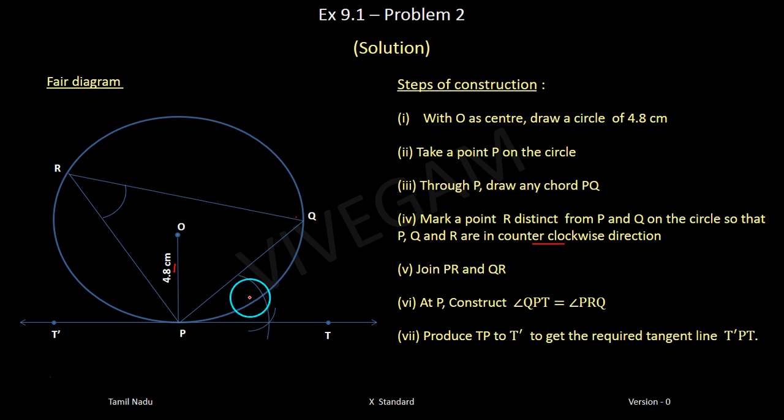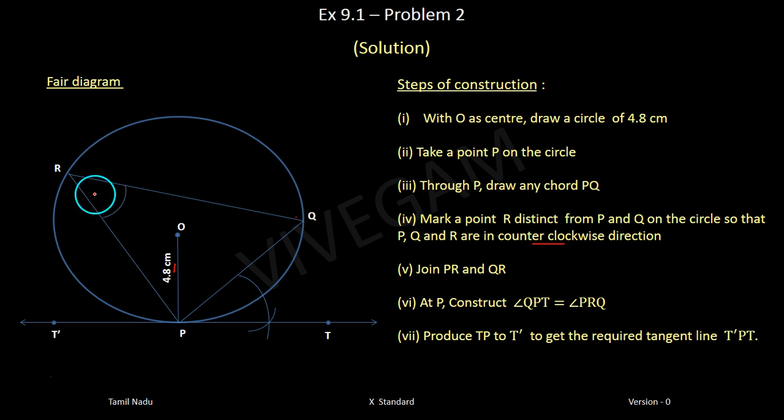If you mark it here, it will be clockwise. So mark it here so that PQR is in the counterclockwise direction. It should not be PRQ, it should be PQR. If you mark it here, it will become PRQ, so you are marking it here.